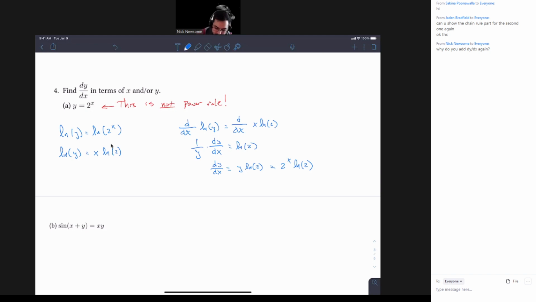I can write that down as derivative of x with respect to x, but that's just 1, which is why we don't write it down when we take a derivative of x. So dy/dx shows up when we take a derivative of y. That will become much more apparent in this next example.